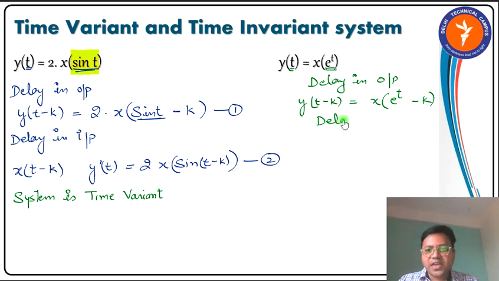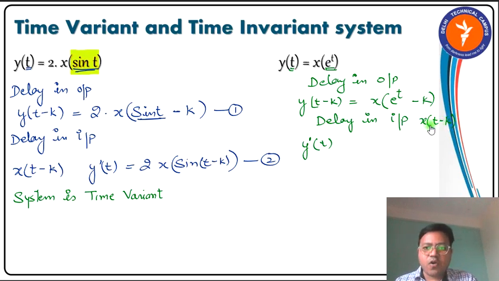But while calculating the delay in input, we had y dash t as the output. When I bring delay in input, I will substitute x of t minus k instead of x t. Now I will excite the system with x of t minus k. So y dash t will be equal to, I will replace t with t minus k, so in this equation this will become x of e raised to power t minus k.